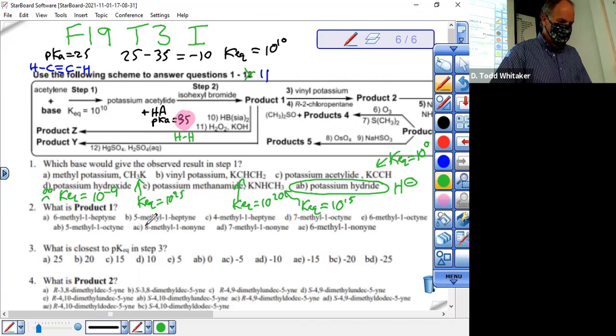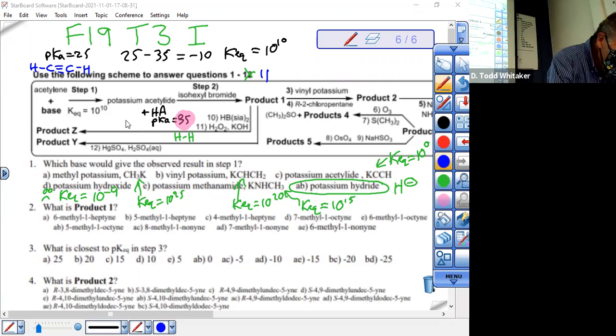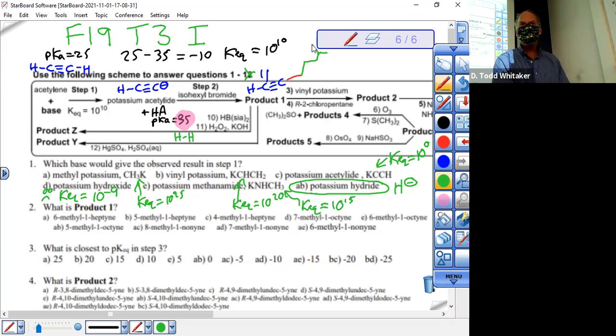All right. What is product 1? We're going to mix acetylide with isohexyl bromide. So isohexyl has 5 carbons in a row. 1, 2, 3, 4, 5 with a V at the end.